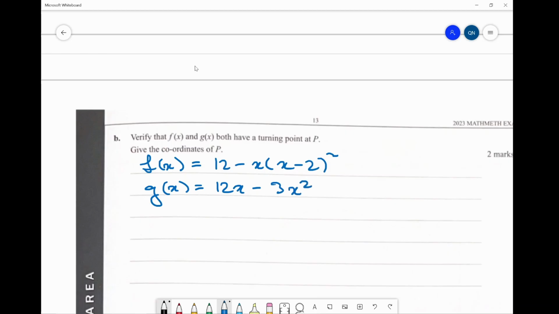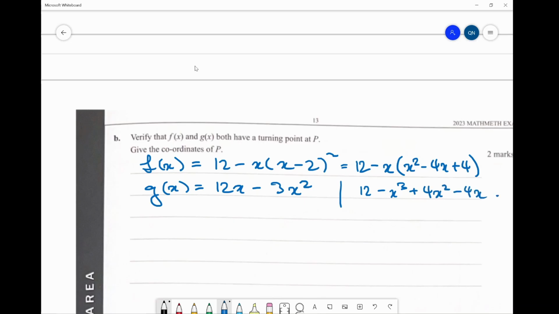We want to differentiate both of these, and set it equal to 0. So that shouldn't be too bad to do. I'm going to rewrite f so we can actually differentiate it. So this is 12 minus x, and then x minus 2 squared. What's that going to be? That's x squared minus 4x, and then plus 4. So we have 12 minus x cubed plus 4x squared, and then minus 4x.